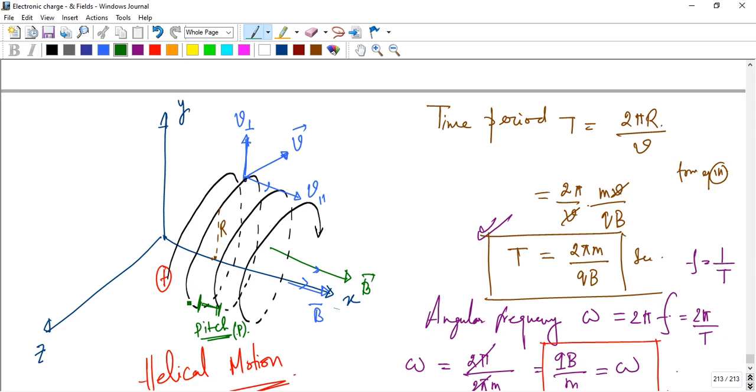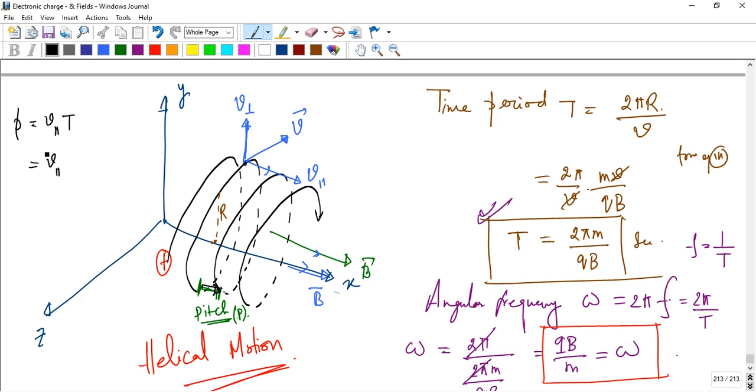So the pitch P is the distance along the parallel velocity line, that is, velocity parallel multiplied by the time period T. The time period is 2 pi m by qB. So finally pitch equals 2 pi m v parallel by qB. That's the pitch.